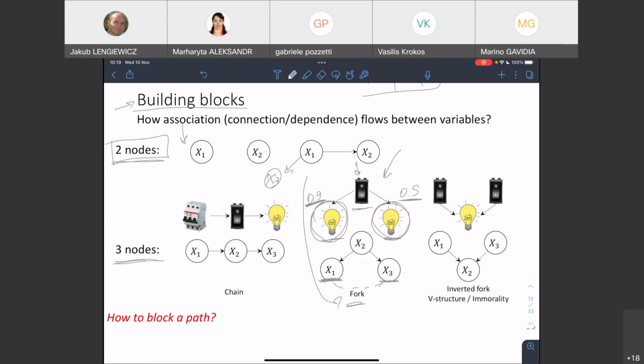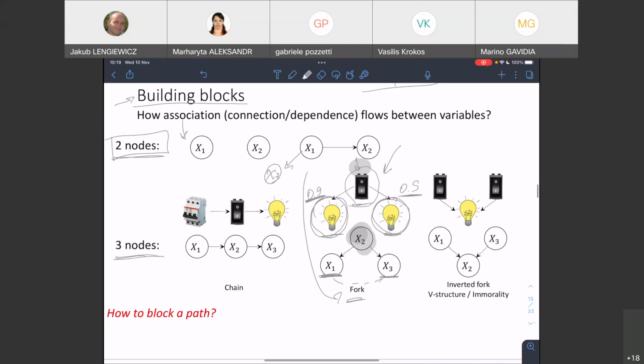Let us again consider the same operation of conditioning. We fix the value of the middle node. Now let us assume that we have fixed the position that this switch is off. And I observe that this light bulb is on, because there is a non-zero probability that it is on.